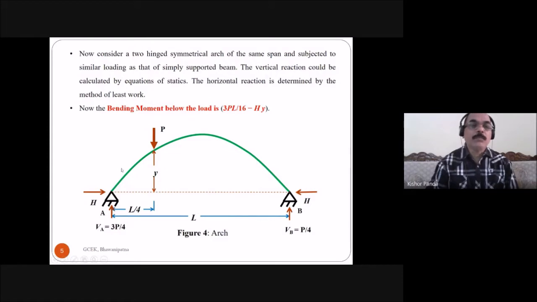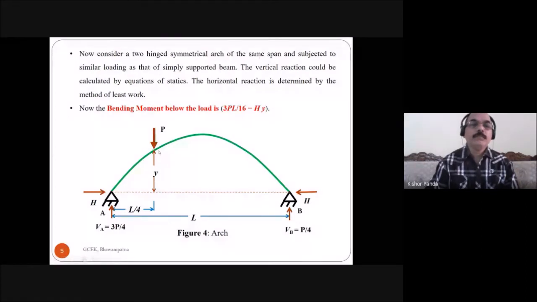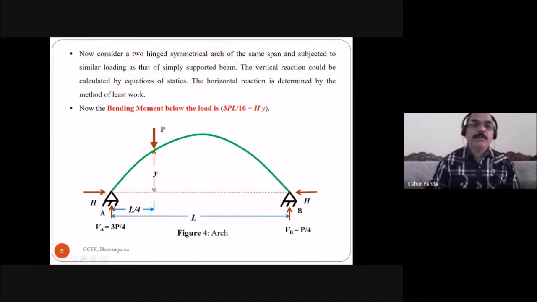Take the clockwise moment as positive and the anti-clockwise moment as negative. So the bending moment at this point is equal to 3PL by 16 minus HY. The bending moment below the load is 3PL by 16 minus HY.